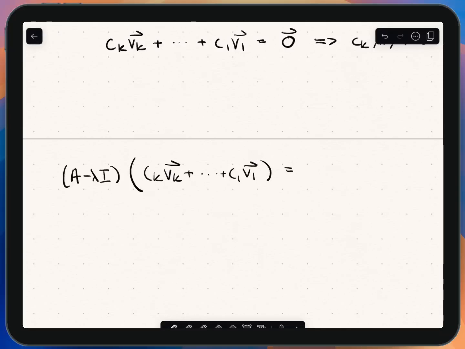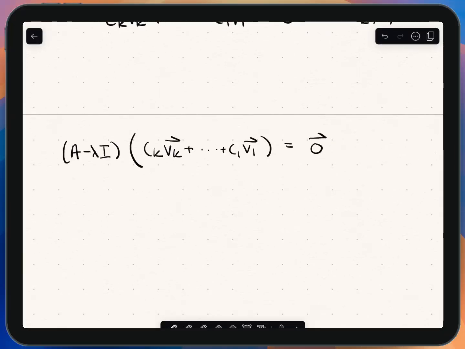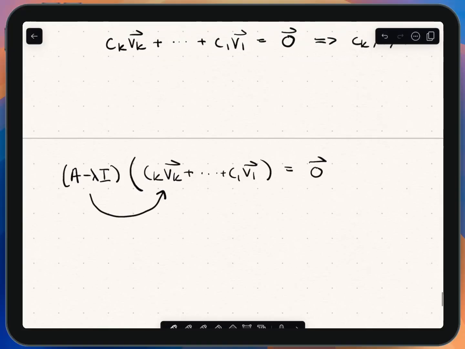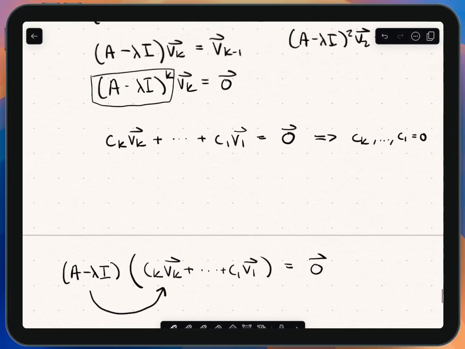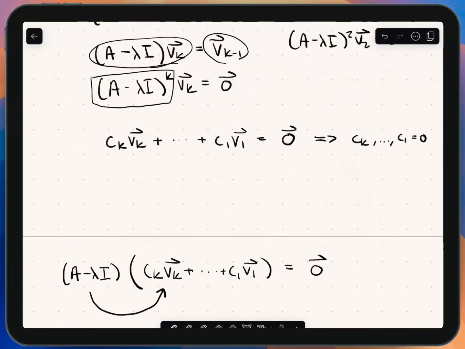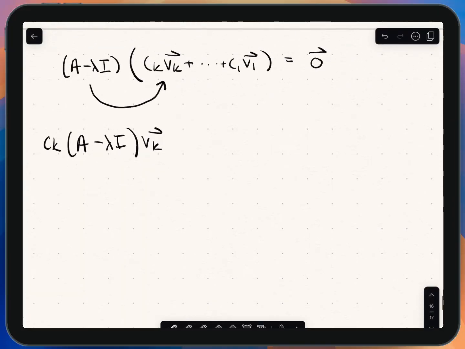Well, on the right-hand side, if I just multiply anything by the left, it's just going to still stay 0, so that's fine. But then what happens here? Well, if I apply A minus lambda I to VK, what's going to happen? This CK is just a constant, so I can put that to the side. But we just set up here that this whole thing is just going to be VK minus 1. So this is just going to turn out to be CK VK minus 1.